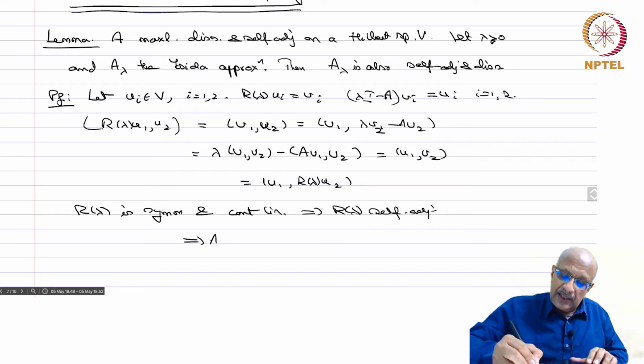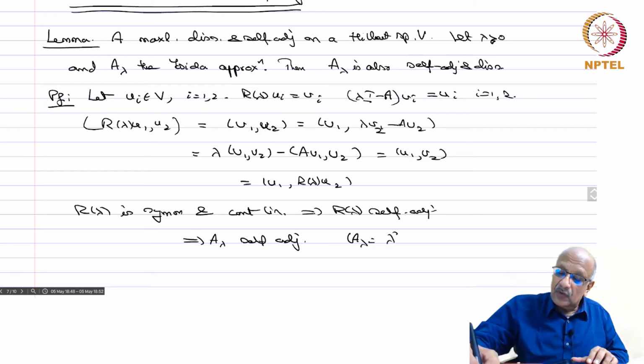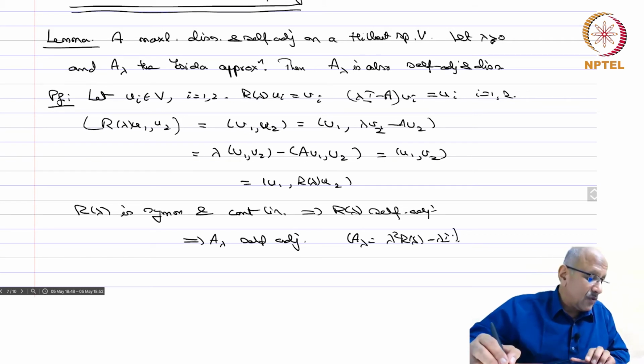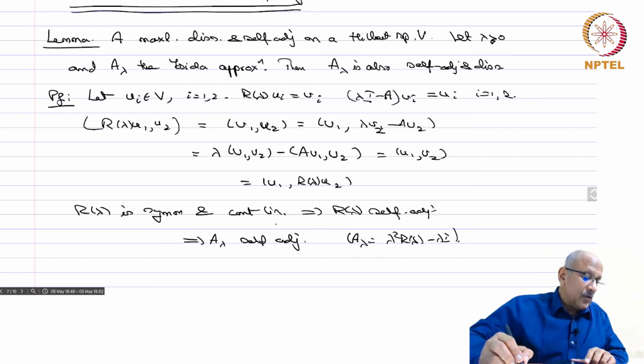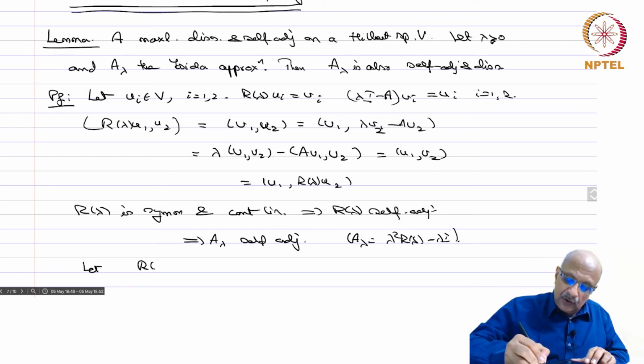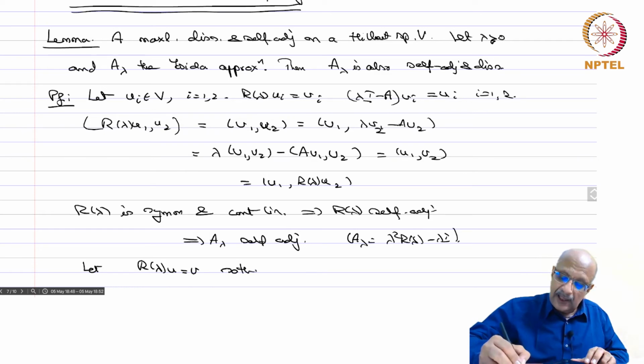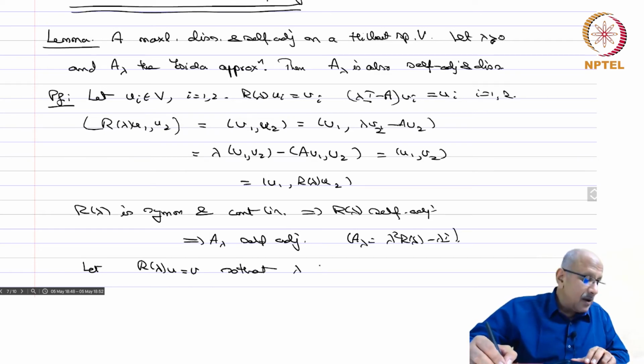This implies that A lambda is also self adjoint, because A lambda is nothing but lambda square R lambda minus lambda I. Okay, so therefore it is definitely a self adjoint operator. Okay, so now let R lambda u equal to V, so that again lambda I minus A V is same as u.